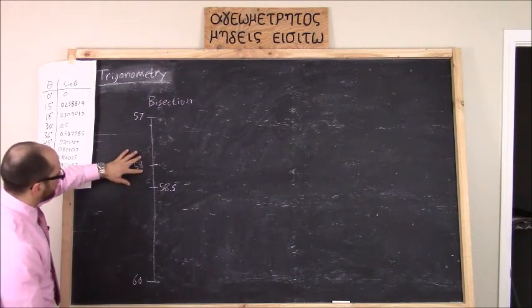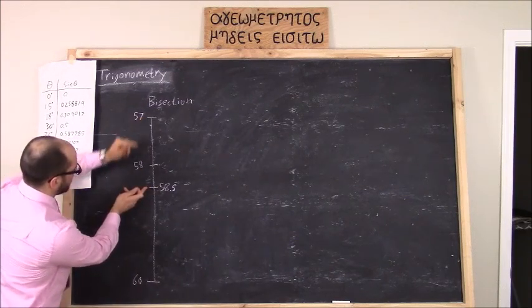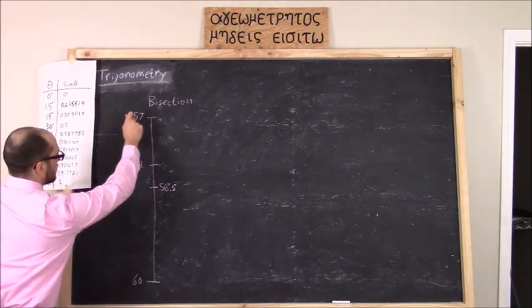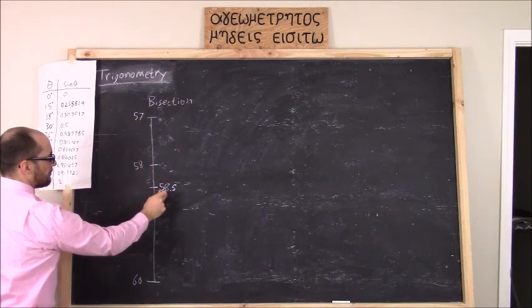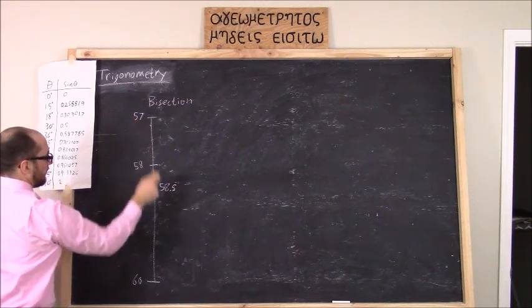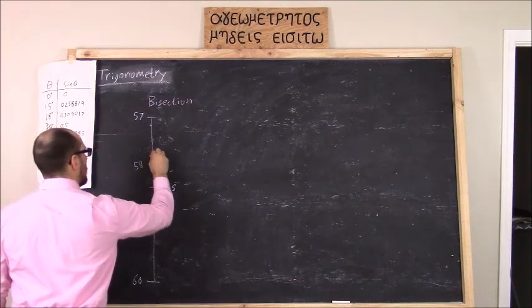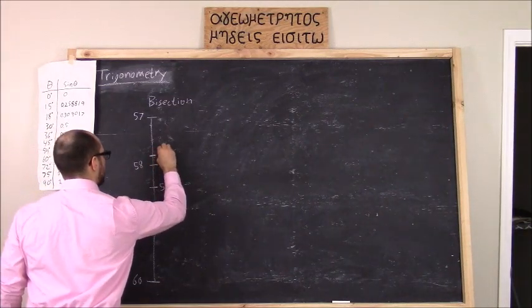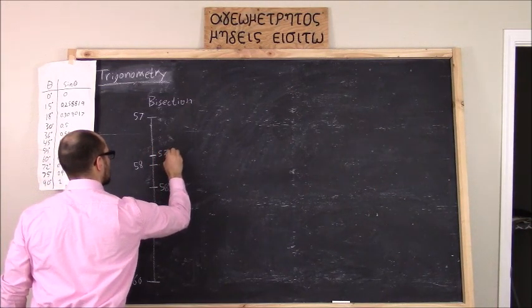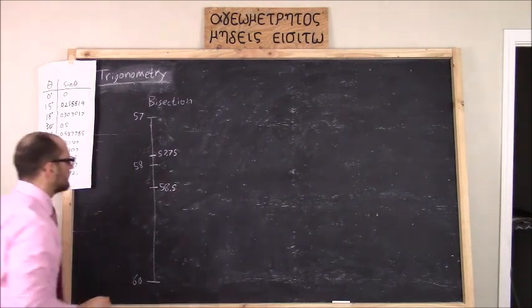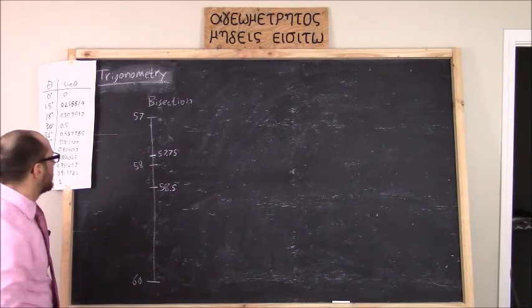Now, this falls within a new region. So halfway between 57 and 58.5, we'll add these up and divide by 2. We get 57.75. You can verify that on your calculator.